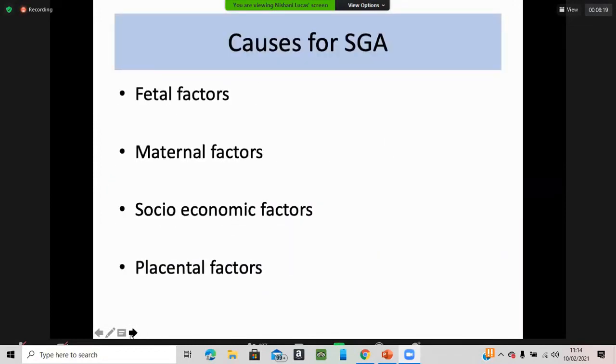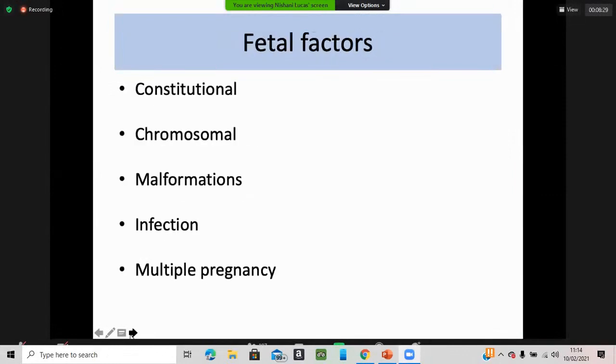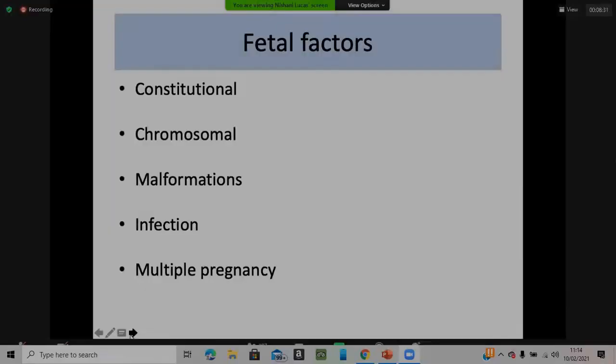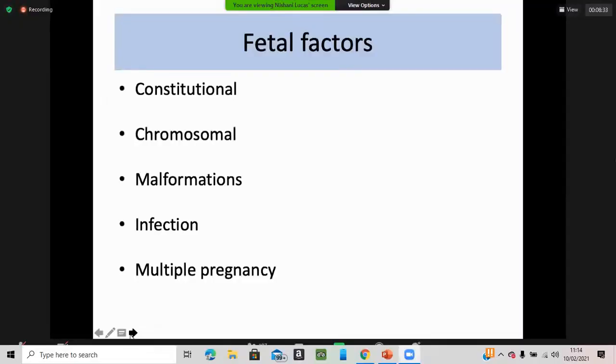Okay, so moving on to causes for growth small for gestation. There are fetal factors and maternal factors. We are leaving out the constitutionally small babies, who will have no issues, which means the family is small and therefore they are small. But there are also chromosomal problems like Down syndrome and Edwards that will cause growth restriction.